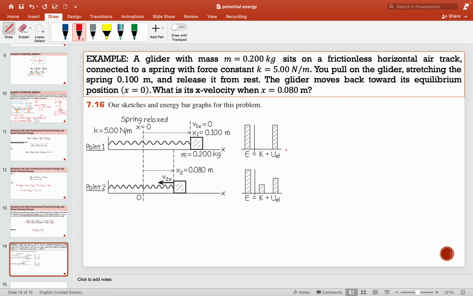energy. For example, we have a glider with mass m equal to 0.200 kilogram, which sits on a frictionless horizontal air track connected to a spring with force constant K equal to 5 newtons per meter.